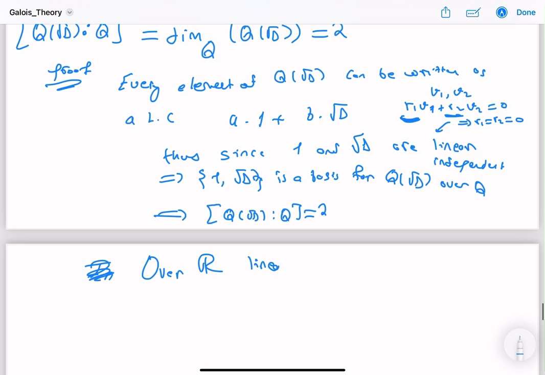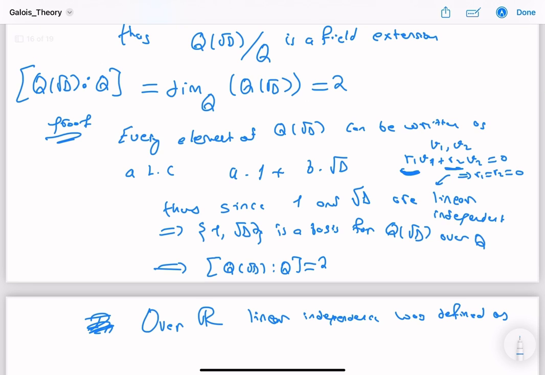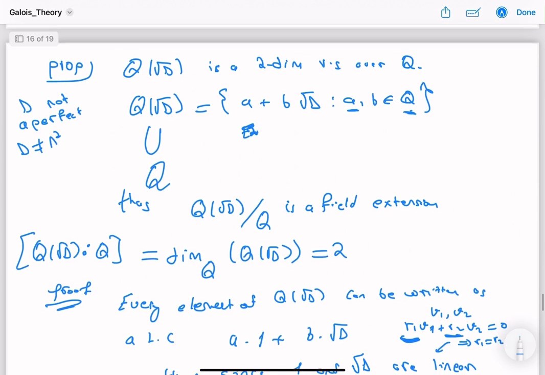So over R, linear independence was defined as follows. Just before I do this definition, this completes the proof here. If I tell you why these two are linearly independent, this completes the proof that I wanted to mention.